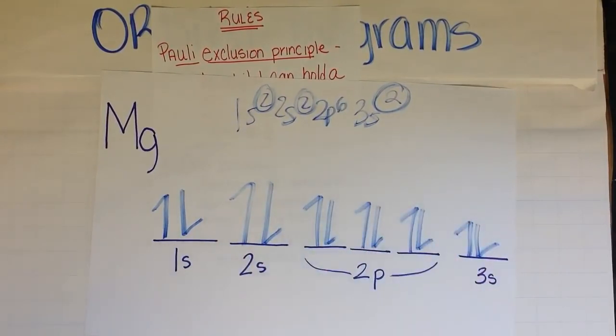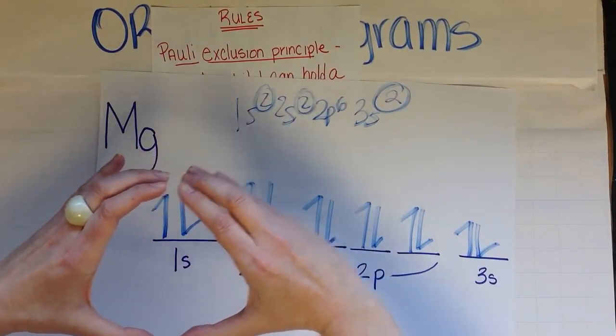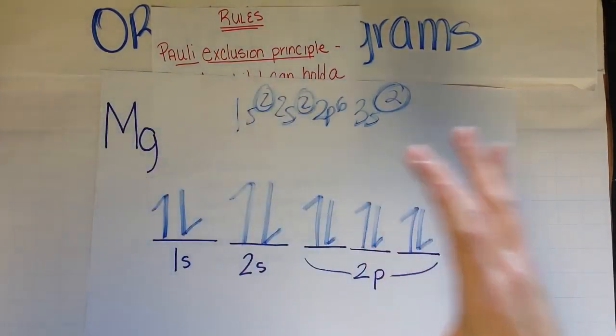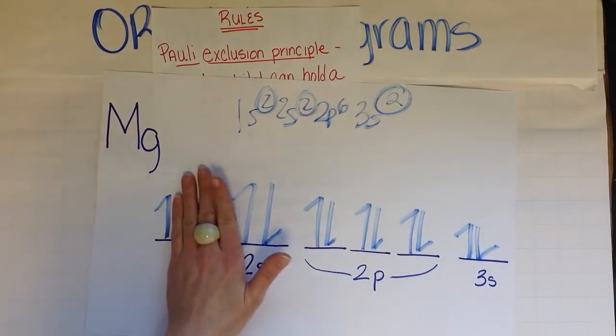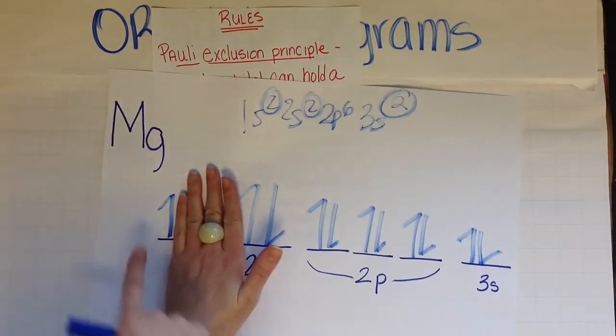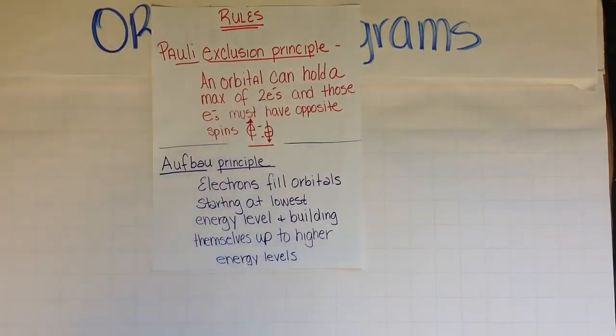You can't just jump around to the third energy level. You have to build your way up. You have to have the innermost energy levels filled before you go on to the next. So you'll never see something like energy level 1 only having 1 electron when it can hold up to 2. That's called the Aufbau. Aufbau means to build things up. That's the end of the video.